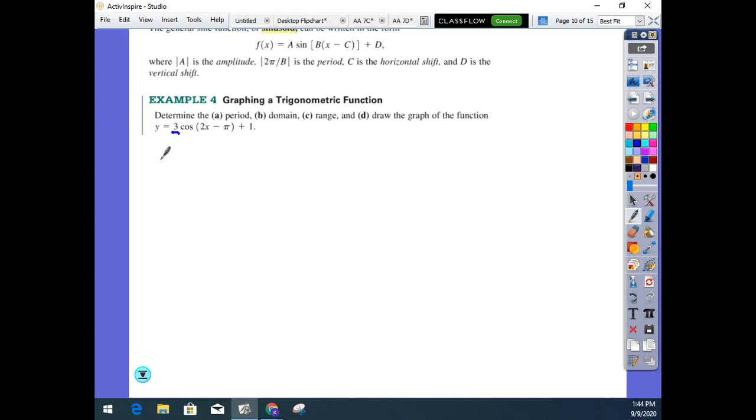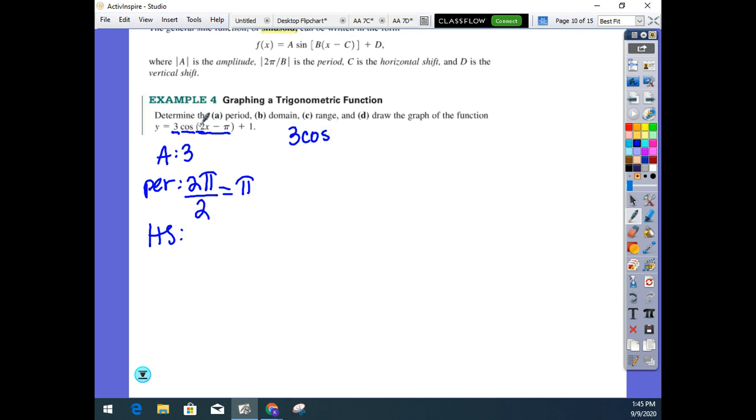Okay, so first of all, A is 3. Our amplitude is 3. Period. Because it's cosine, we take 2 pi divided by the number next to x. 2 pi divided by 2 is just pi. Our horizontal shift. Now, the way this is written, I'm going to show you something.